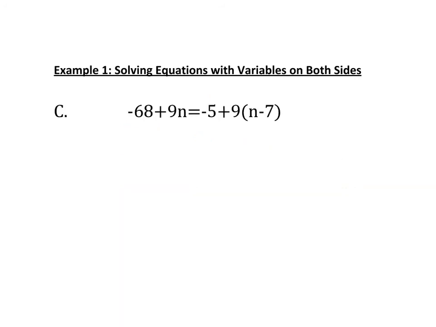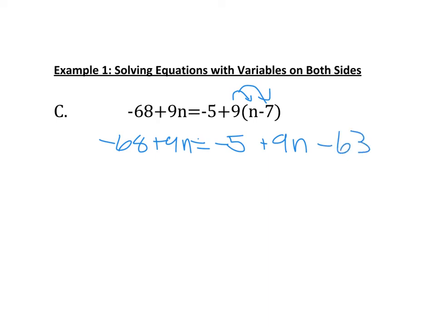Looking at example C, the first thing we can do to simplify is distribute over here. Take a minute to rewrite the first half of that equation. Then 9 times n, that'd be plus 9n, and 9 times negative 7 is negative 63. We do have two numbers that are like terms, so negative 5 minus 63 is negative 68 plus 9n.